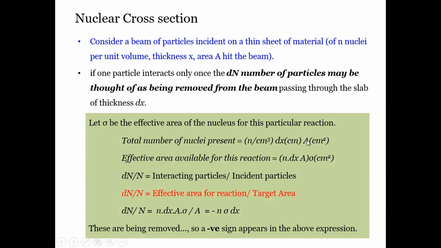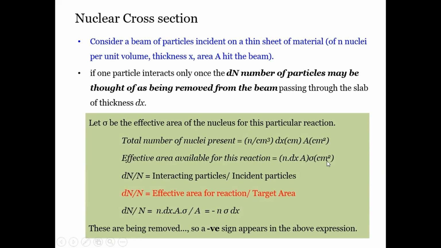So dx times A is basically a volume, and multiplied by the number of nuclei per centimeter cube, we get the number of particles present within this volume. The effective area available for the reaction is then, if you multiply this whole thing with the cross-section in centimeter squared.